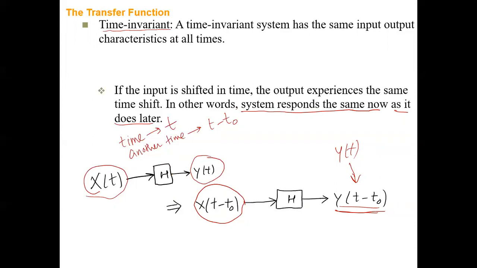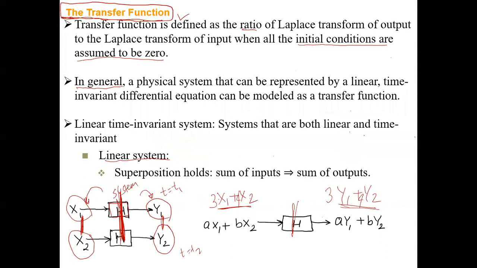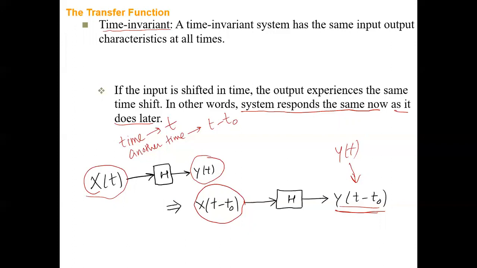So if you have this kind of system, this is linear, this is time invariant. To deal with this kind of system, we can use the transfer function method. That's the condition. If it is linear and time invariant, then definitely we can use the transfer function, G.